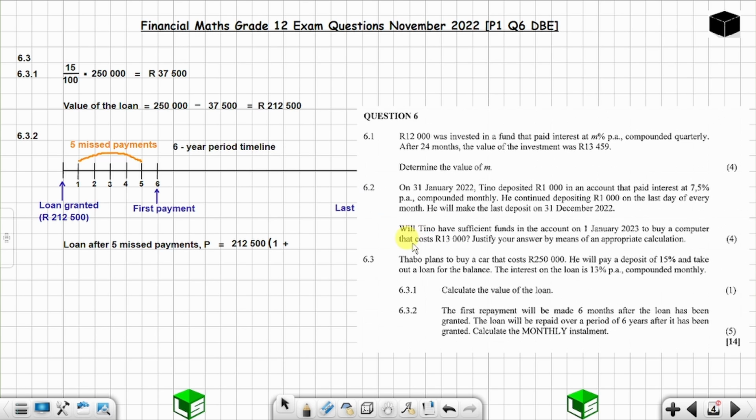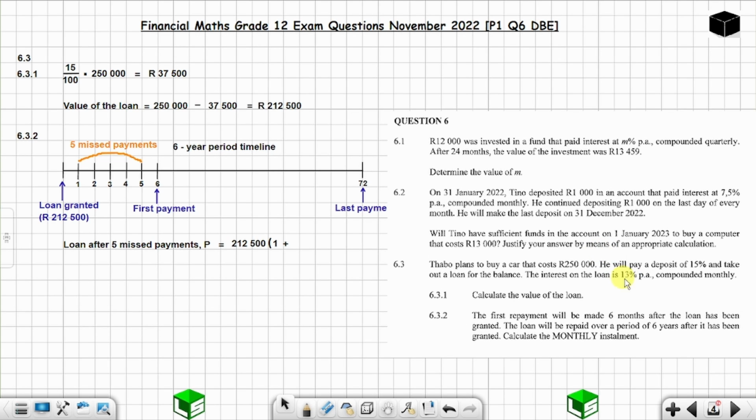The interest on the loan is 13% per annum compounded monthly. You divide by 100, so you have 0.13 over 12 because this is compounded monthly. You close your bracket to the power of 5, 5 months. I hope you know that this is the compound interest formula.